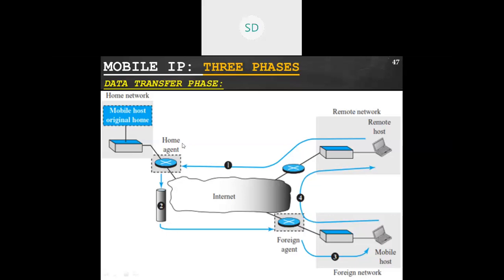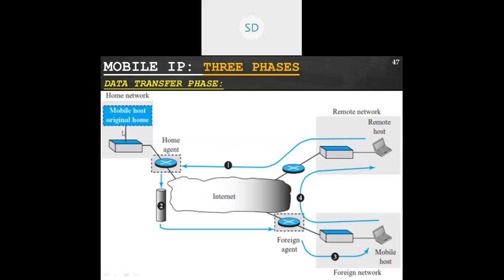So the packet will be sent to the home agent, and the home agent will decide, based on the updated table, whether the packet has to be routed to the home network or the foreign network. As we already discussed during the registration process, the home agent table will be updated. We have assumed that our mobile host is in the foreign network.